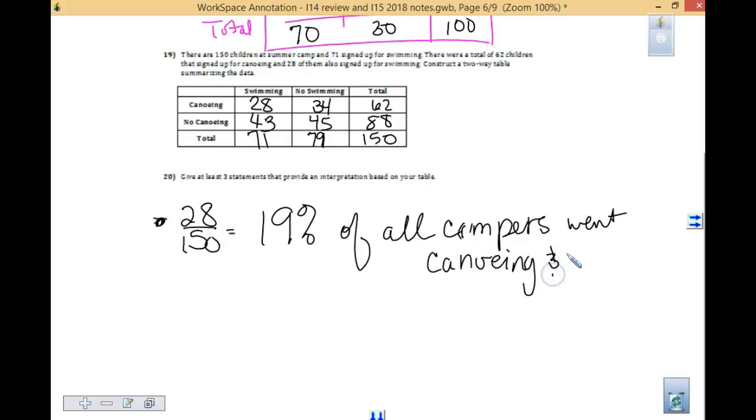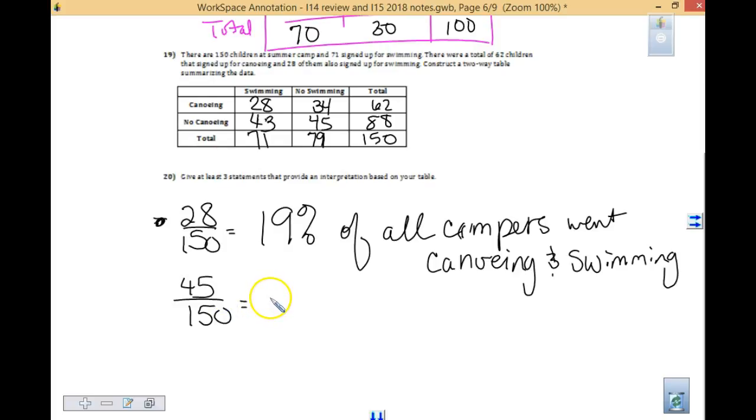Someone give me another statement. Thank you for doing that. Exactly what we were looking at. Give me another one. Someone else tell me 2 numbers you're dividing and what does it mean? Yes. 45 divided by 150. 45 divided by 150 gave us what percent? 30.